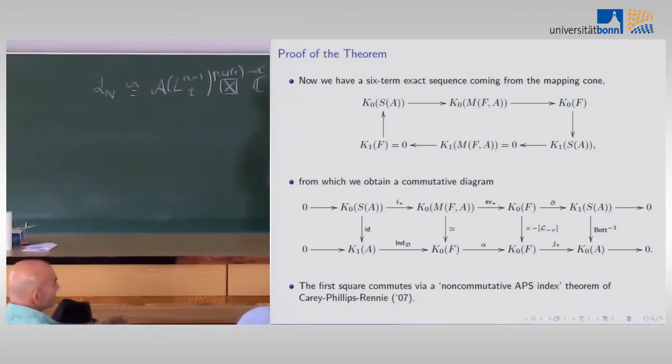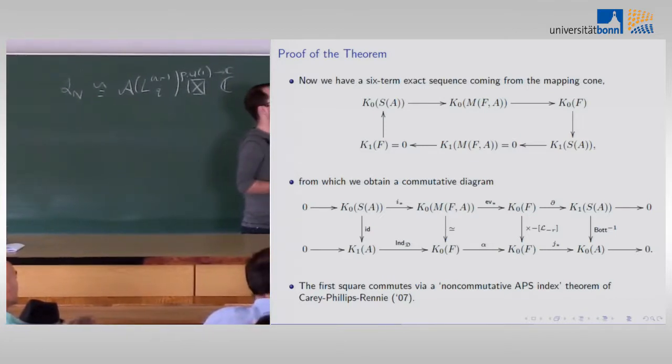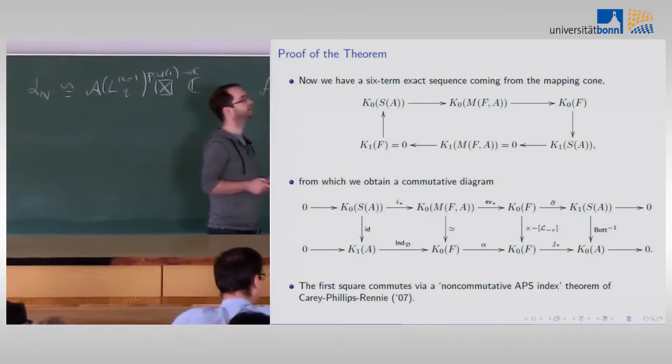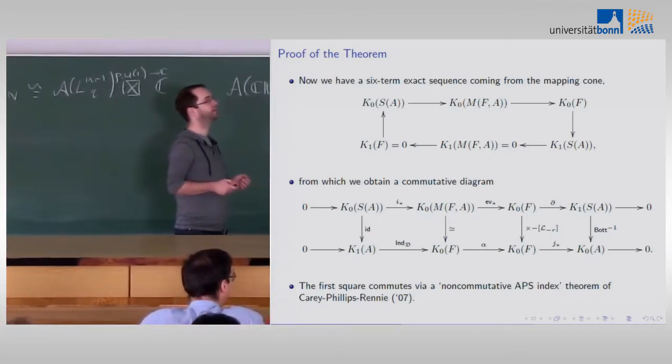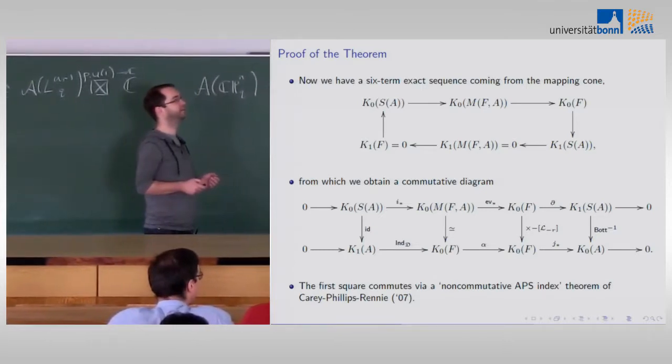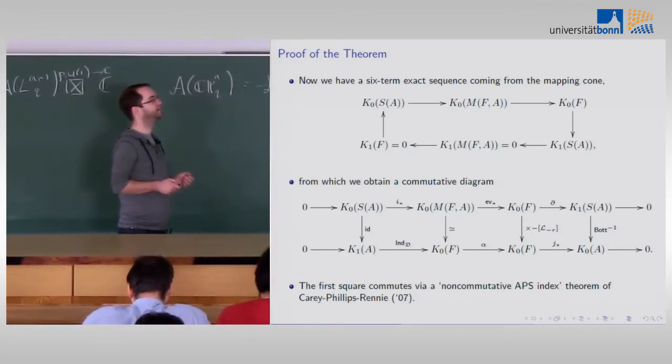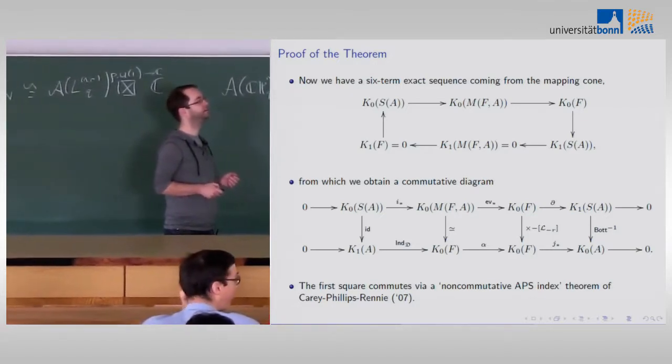So then we said, okay, well, we have a sequence which goes from 0 into K0, into K0 of the mapping cone, into K0 of the fixed points, to K0 of S1, and then we have 0 again here. So that's this sequence here. So really this is the induced map from the suspension into the mapping cone, the push forward of the evaluation map, and then a connecting homomorphism, which is this guy.